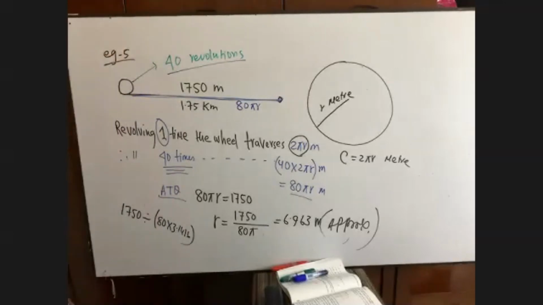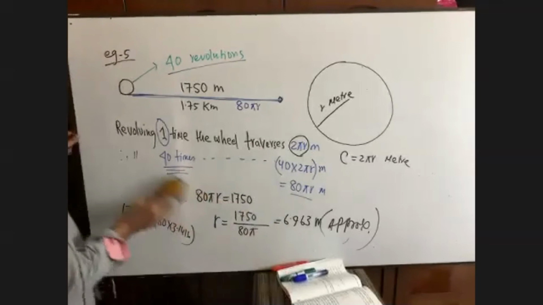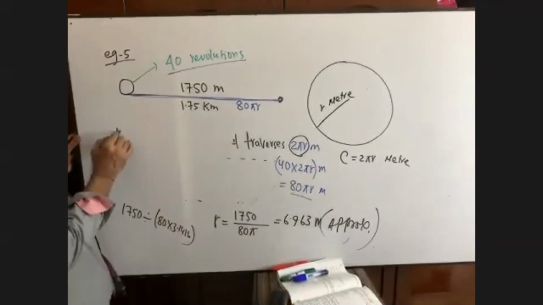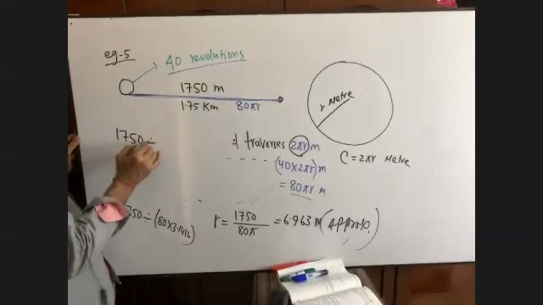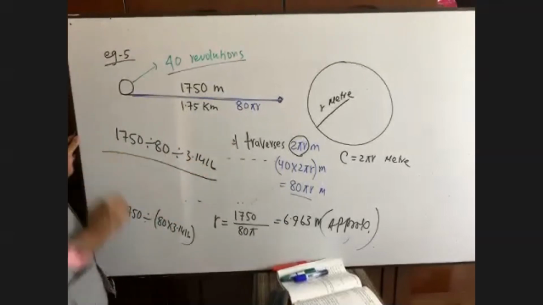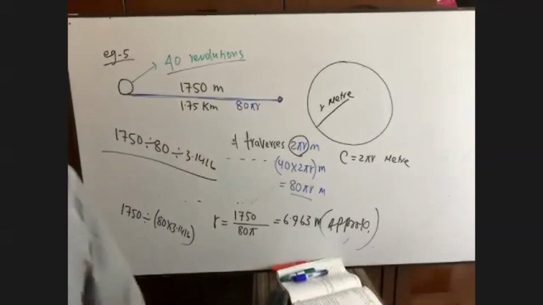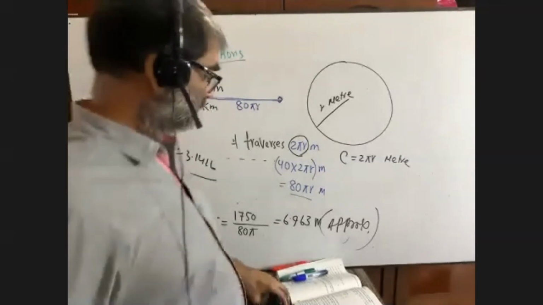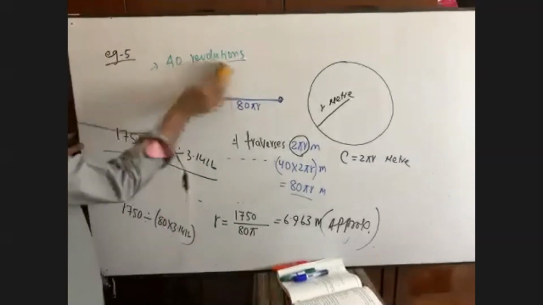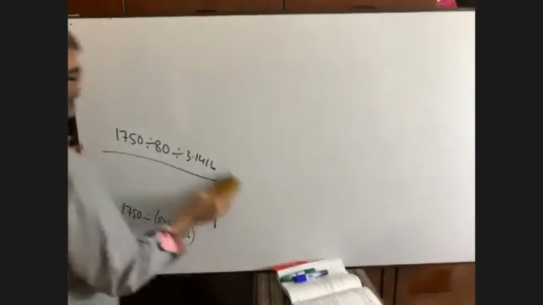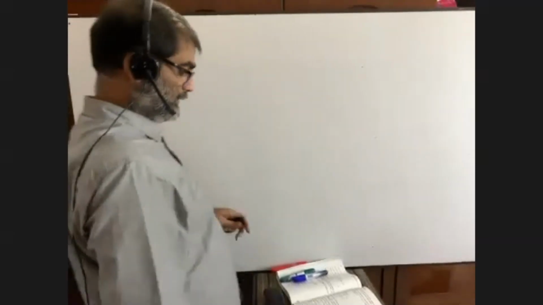Or you can divide it like this: 1750 divided by 80 divided by 3.1416. Any of these ways you have to follow. I think it is okay for everybody.